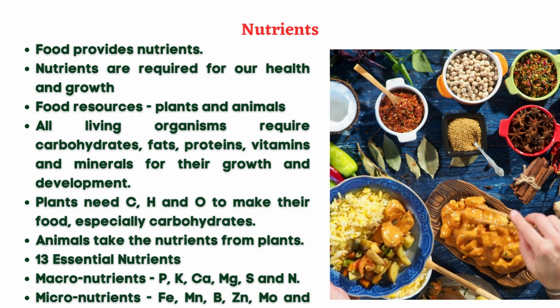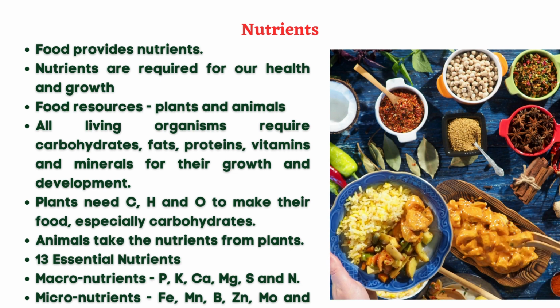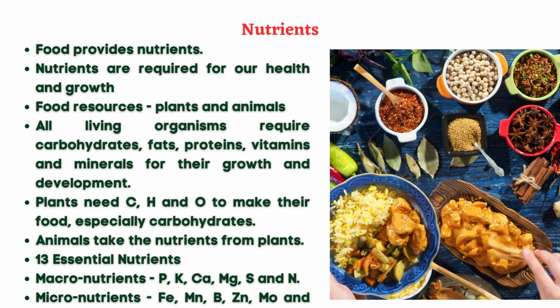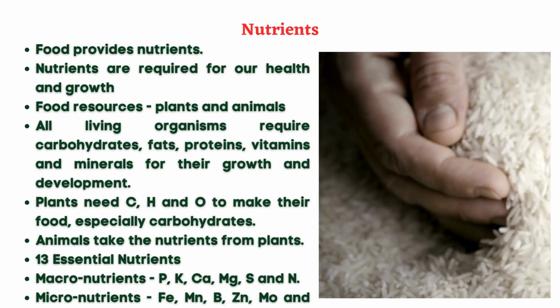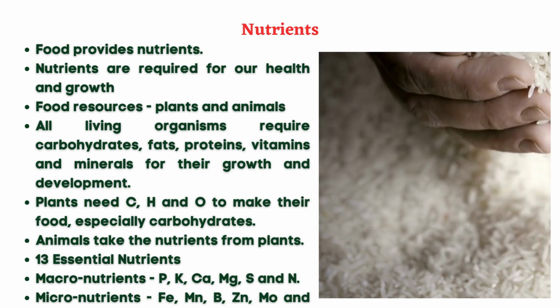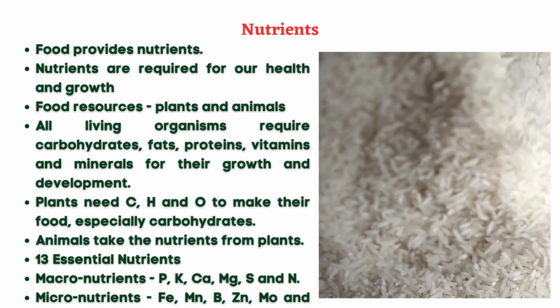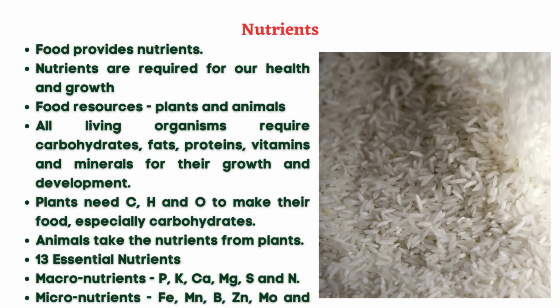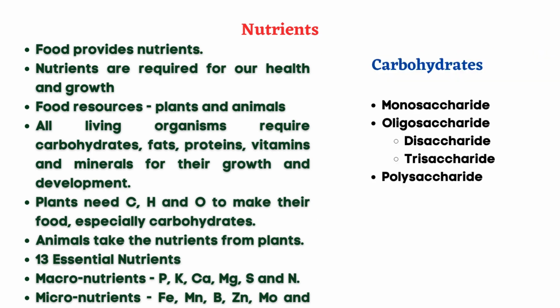Now all living organisms generally require carbohydrates. What are carbohydrates? They are basically carbon, hydrogen and oxygen, in different ratios. Usually we have carbohydrates like monosaccharide, disaccharide, trisaccharide and polysaccharide.